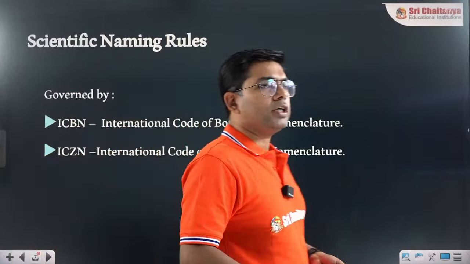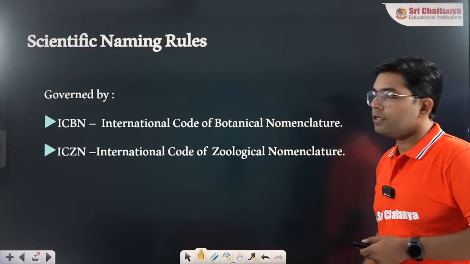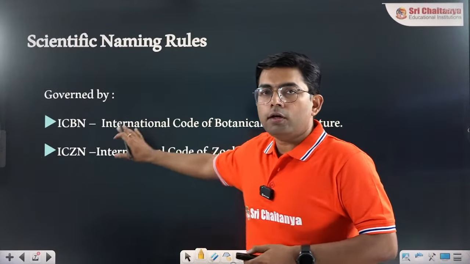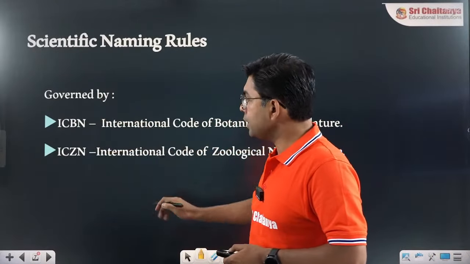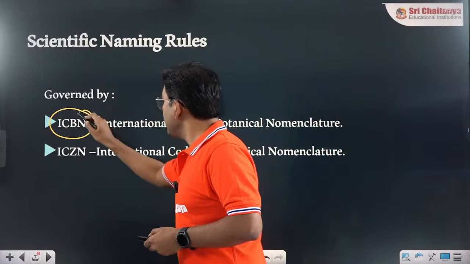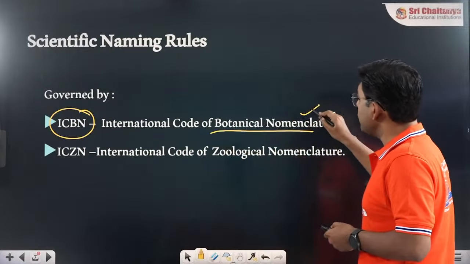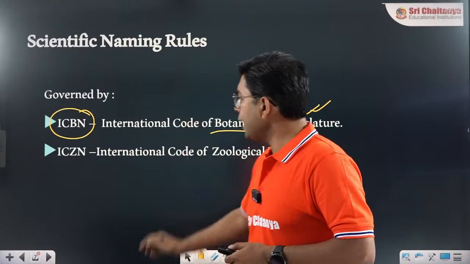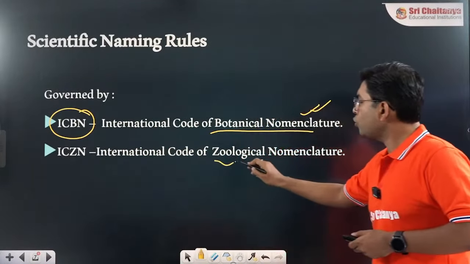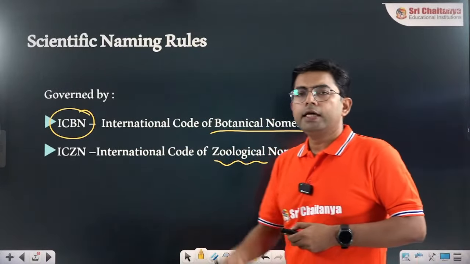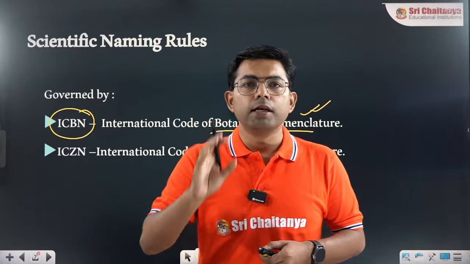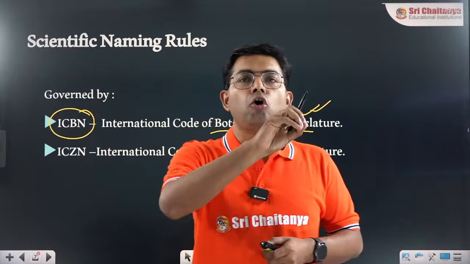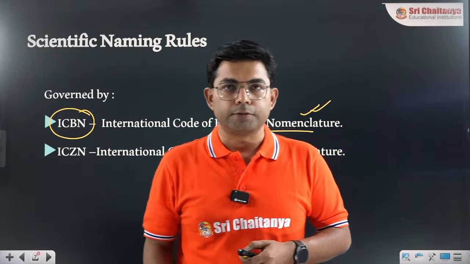These are two important standard bodies which have the role assigned to do nomenclature. ICBN, the International Code for Botanical Nomenclature, will name plants, and ICZN, the International Code for Zoological Nomenclature, will code for animal classification. And they will draft all the rules of nomenclature.